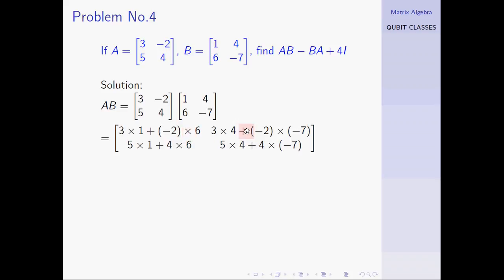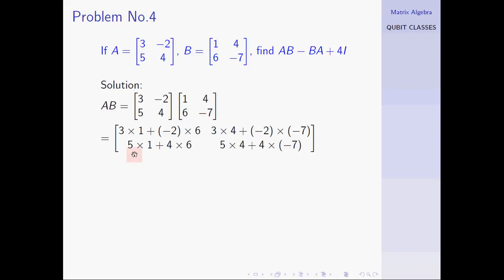Let's move on to the second element. To get this, you take the first row of the first matrix and the second column of the second matrix, and multiply them element wise. So this entry will be 3 into 4 plus -2 into -7.